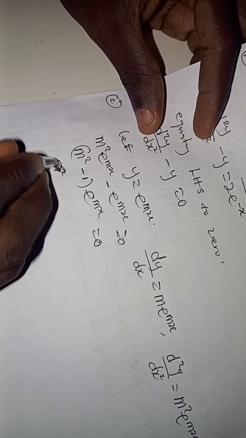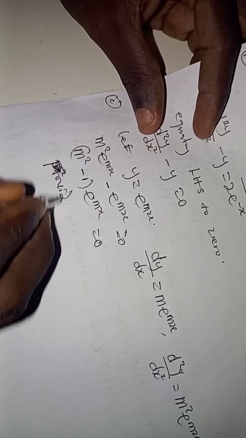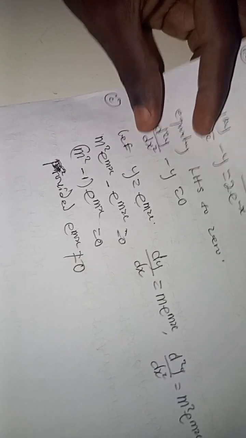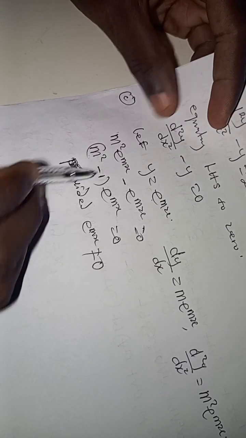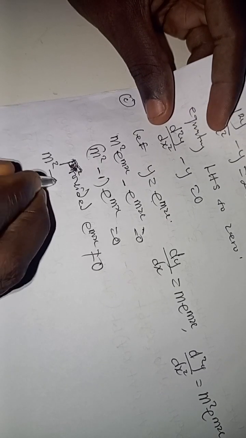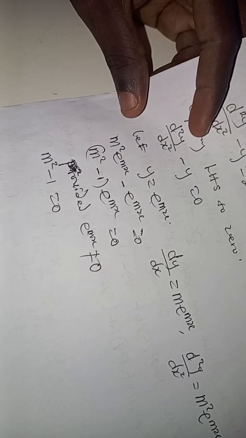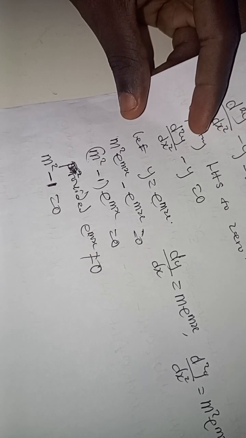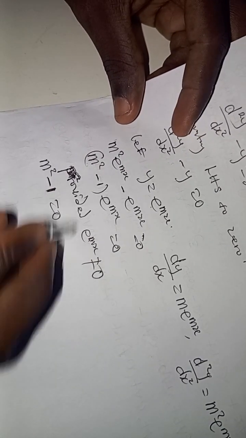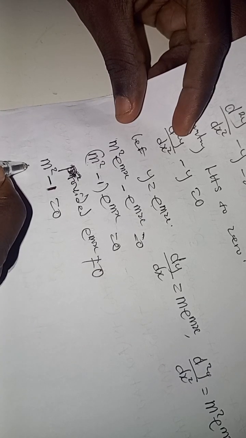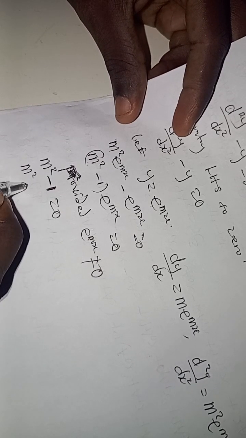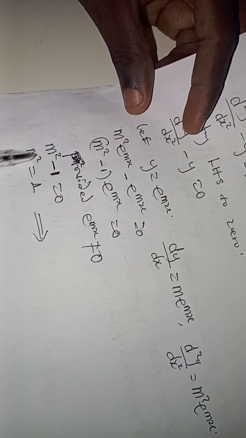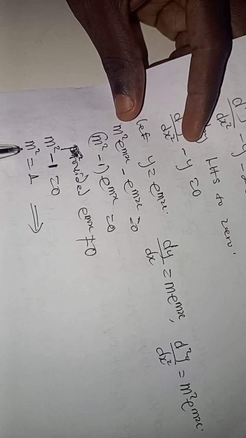So provided that exponential mx here is not equal to 0, I will obtain this equation: m squared minus 1 equal to 0. If I move minus 1 across the equal sign, I will obtain m squared equal to 1. I'm going to take the square root of both sides.